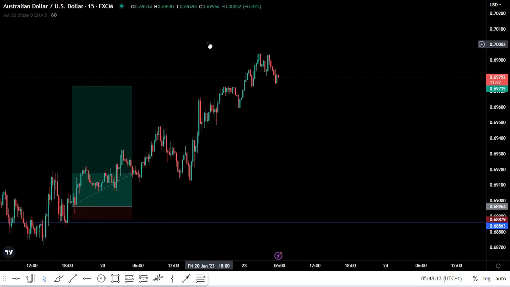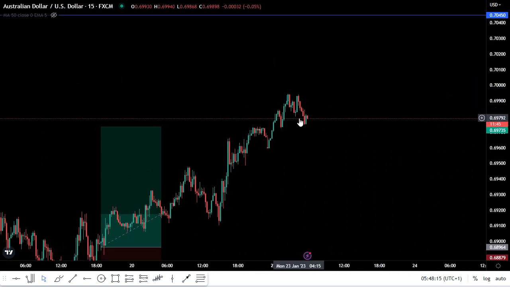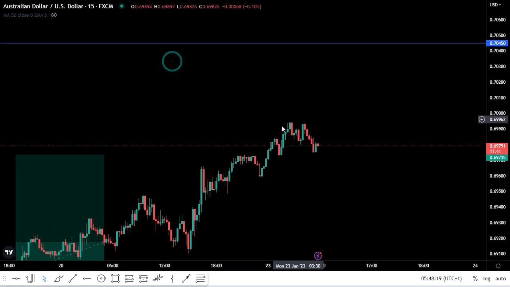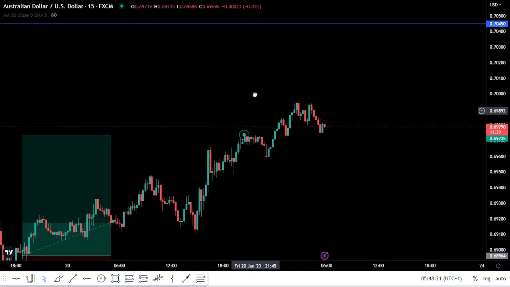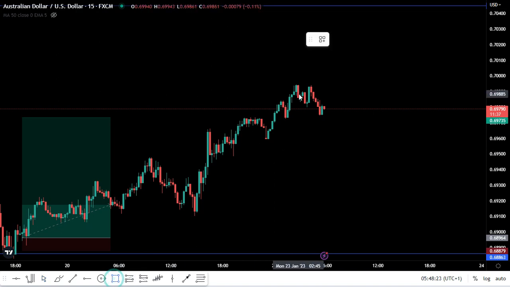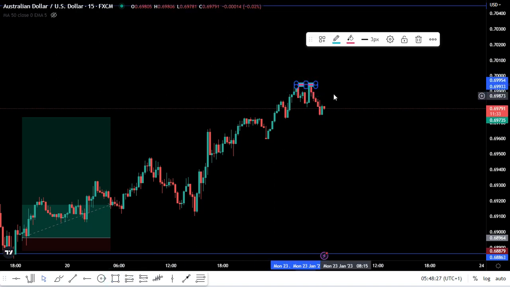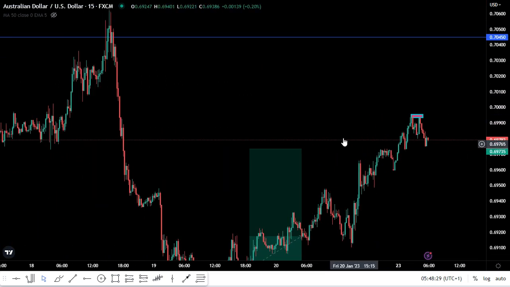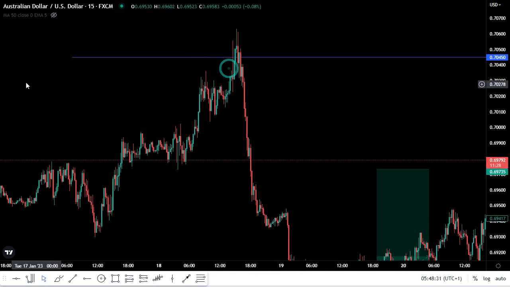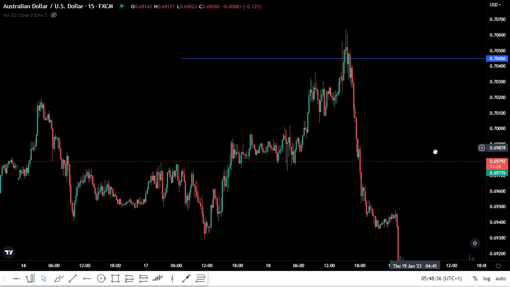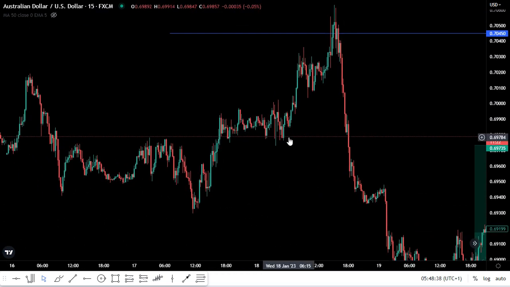The price might likely push more to the upside, even though we are having a double top right here. So the price is likely going to continue pushing up, unless I check back and see that this double top is forming at support or resistance, anything like that, which eventually I'm seeing something like this.